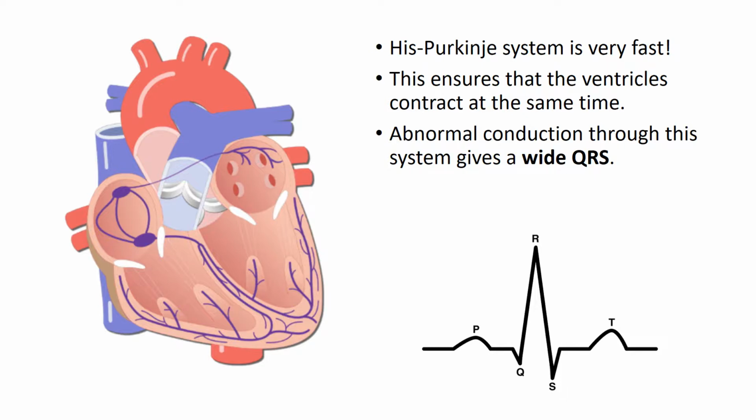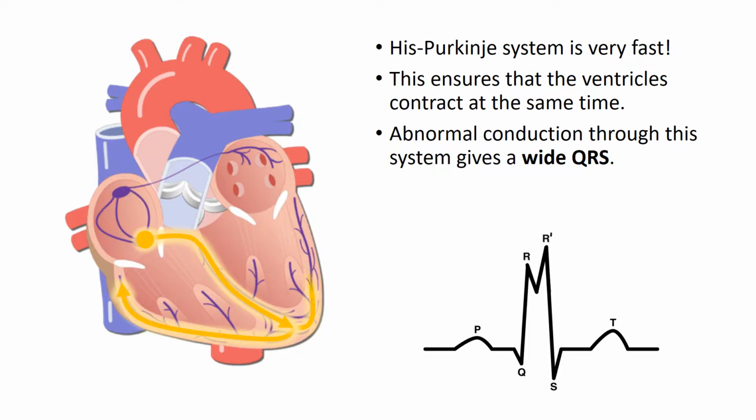The most common example of a conduction abnormality that gives you a wide QRS would be something like a bundle branch block. In a bundle branch block, you've got a slowing of the His-Purkinje system somewhere along the way, which results in one ventricle contracting quickly and one ventricle contracting slowly. And that's what you're seeing on the ECG. You're seeing the fast ventricle in the R complex, and then the slightly slower ventricle in the R prime complex.